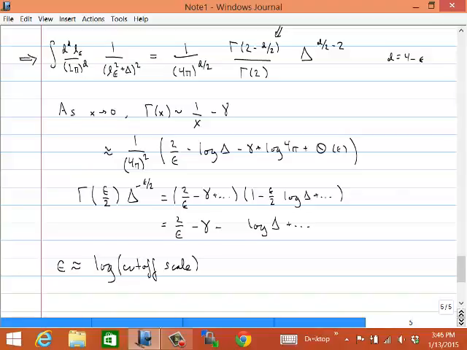That epsilon goes like the log of the dimensionful cutoff scale. And it all combines together to give you something nice and dimensionless, a log of delta over that cutoff scale. Okay, and that is to fix the dimensions in log delta.